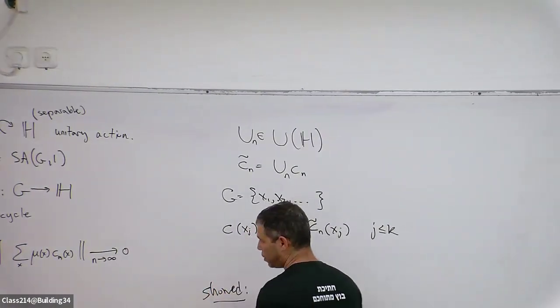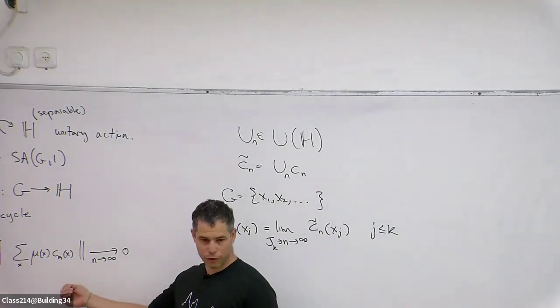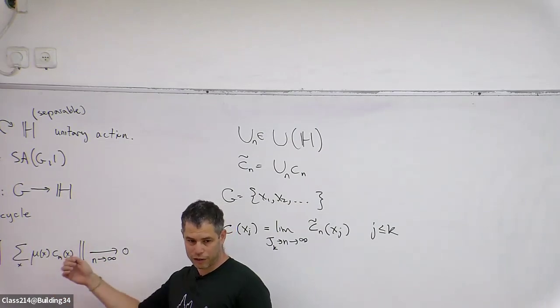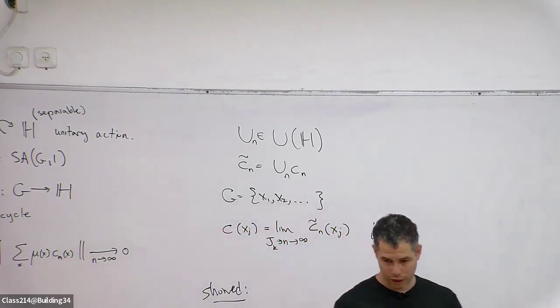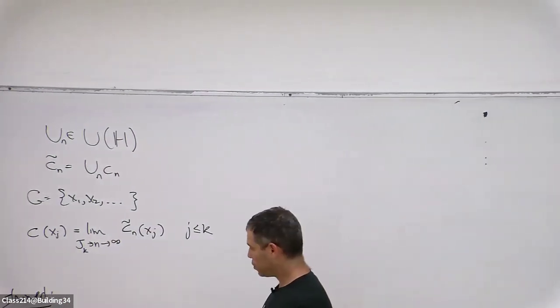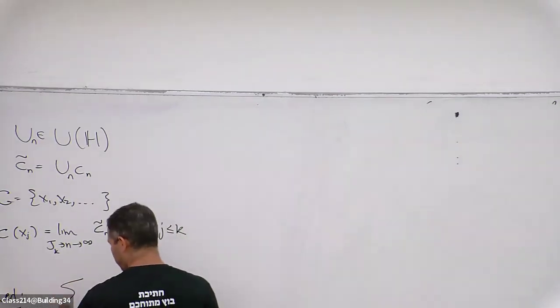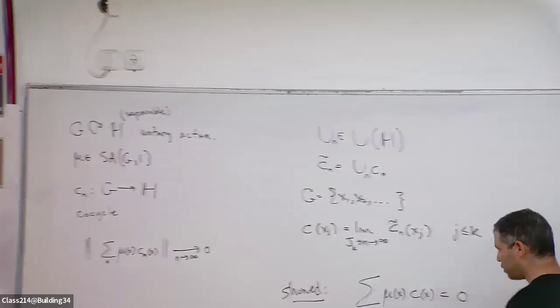C of 1 is 0 always for any cocycle. So if you show it's a cocycle, then the average being 0 means that it's harmonic at 0, around the origin, around 1, and then it's harmonic everywhere because it's a cocycle. So what we showed is that this vector is the 0 vector.